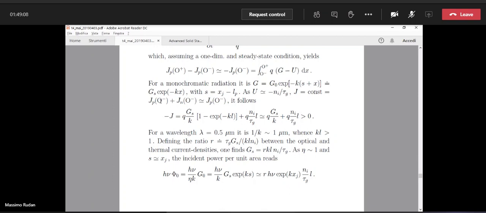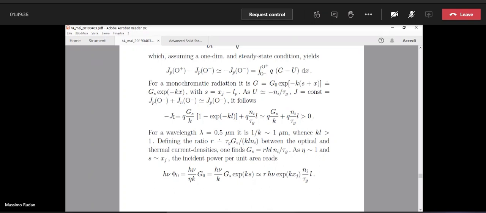But from the discussions that we had 1 minute ago, we remember that at O minus, the population of the holes dominates. So the current is essentially due to the holes. So Jp of O minus is practically equal to J. So we replace it here.